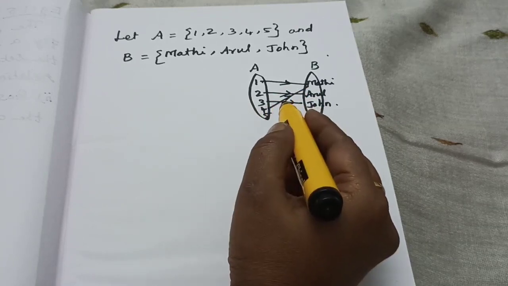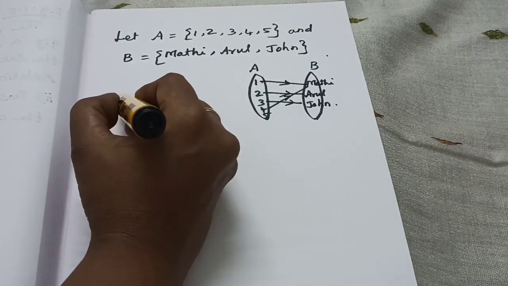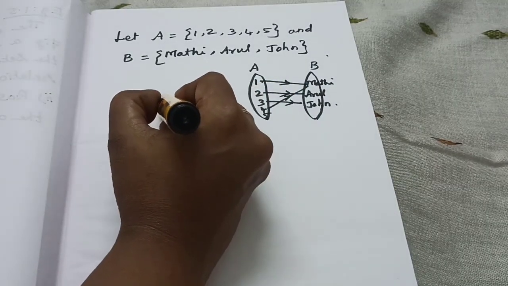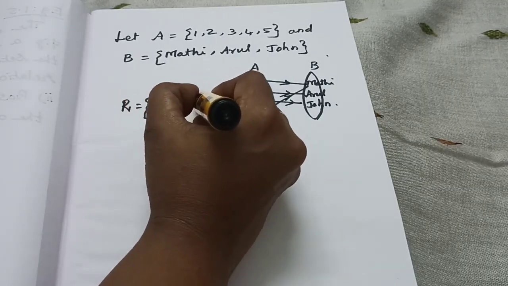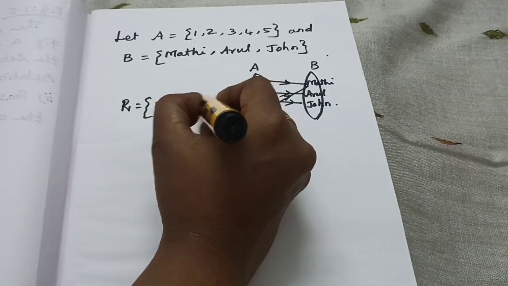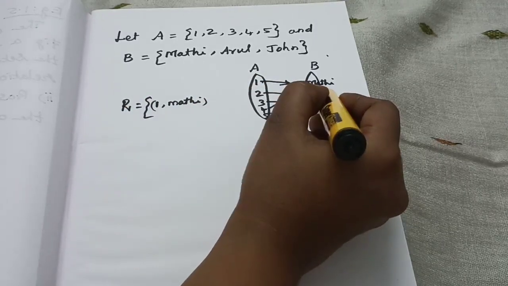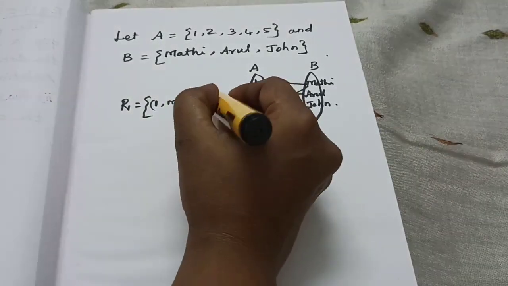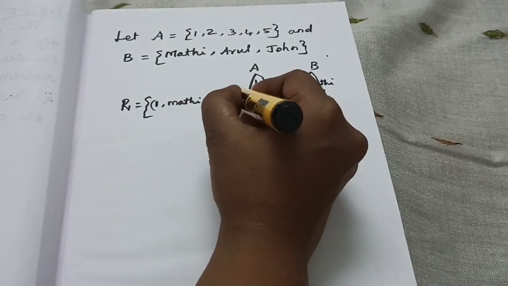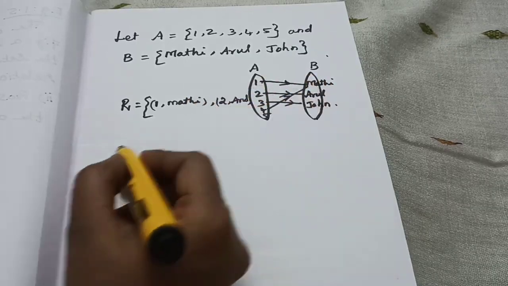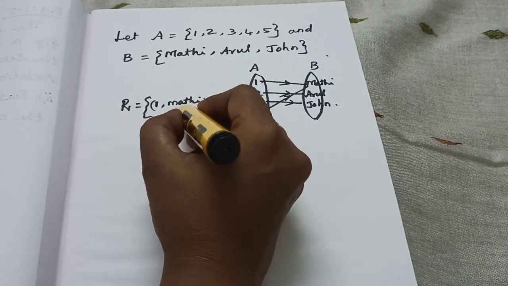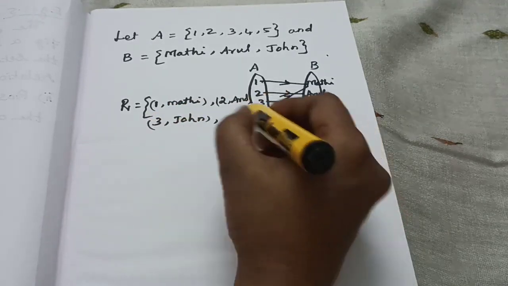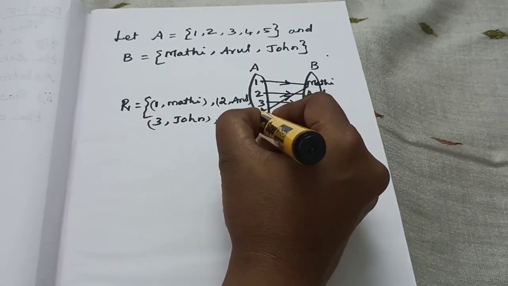Then how can we write the relation? We say R equals the set of 1 comma Madhi, then 2 comma Arul, then 3 comma John, and again 4 comma Madhi.